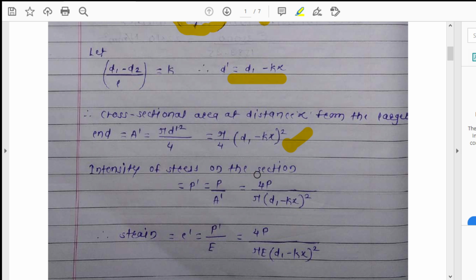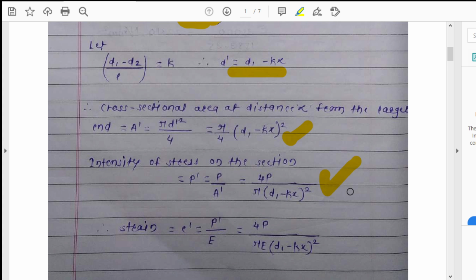The area is pi by 4 (d1 minus kx) bracket square. The 4 will move into the numerator, so 4P upon pi (d1 minus kx) bracket square will be your stress intensity.